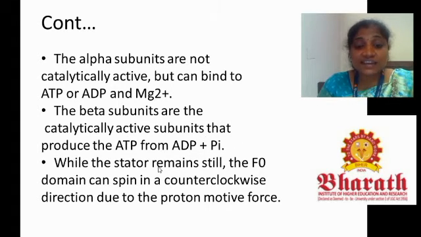While the stator remains still, the F0 domain can spin in a counterclockwise direction due to the proton motive force. Even though the B subunit, the stator, is stationary, it will not move, still the F0 domain will be spinning in a counterclockwise direction due to a force called proton motive force.